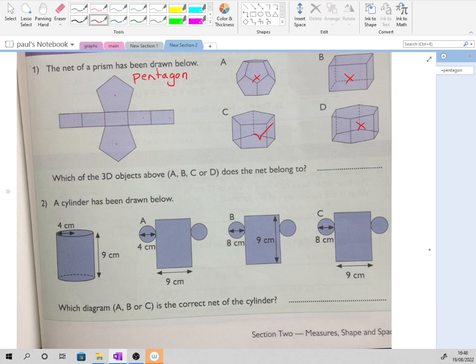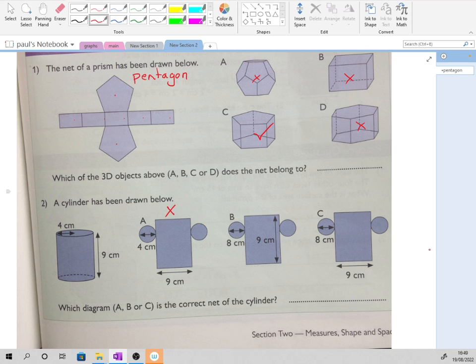So this is wrong because these 2 circles are too small. So now we're left with these 2, B or C, and we know we have a thing of 9, yeah? So we need to have some, oh no, look, we've got 9 that way and we've got 9 that way.